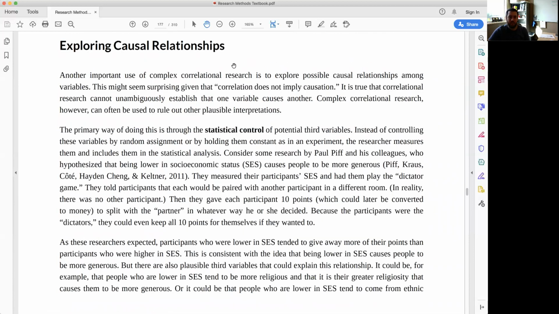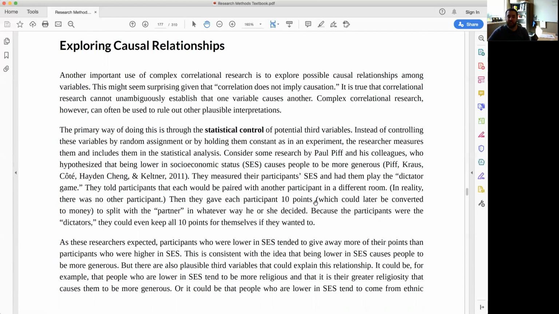So with correlation, we can't say causation, right? That's the big thing. Correlation does not imply causation. When we have the factorial correlations or the complex correlations, we can do things to try to assist our understanding of that relationship.